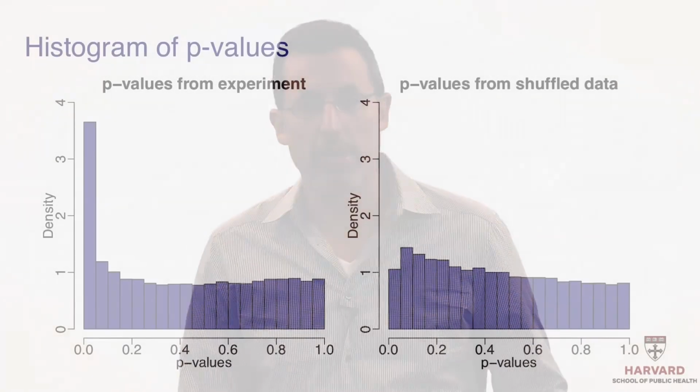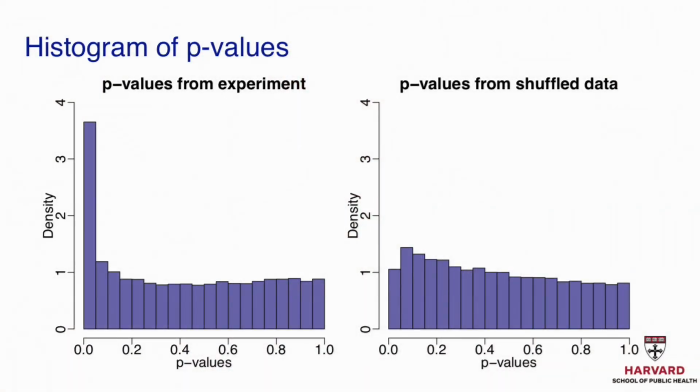So just one plot I want to show you that can help you understand this issue is the histogram of p-values. Here on the left, this is the histogram of p-values when I compare the two strains. On the right, I have a histogram of p-values when I shuffle the data. And one thing you see is that it's flat. It's close to flat. And that's actually what the theory tells you should happen. The theory tells us that if the null hypothesis is true for every single gene, then the distribution of p-values has to follow a uniform distribution.